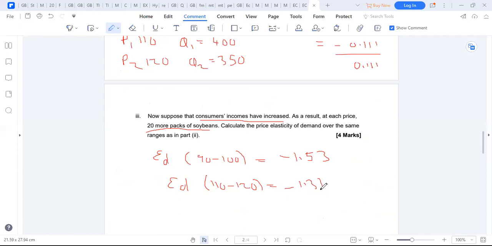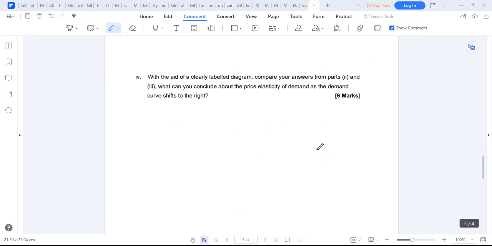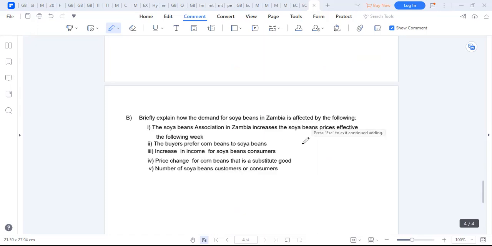It has gone to 1.31. There we had unit elastic 1.0. It has gone to 1.53. So when the demand shifts to the right, price elasticity decreases for the same range. Okay, so the other questions, we'll look at them later on.